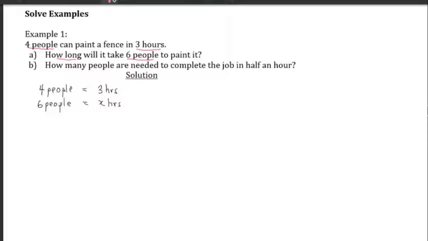But in reality, it's supposed to be less than 3 hours because we have increased the number of people who are working. So in writing the fraction, I'm going to maintain one of the ratios, and then the other ratio I will do a reciprocal. Okay, I'll exchange that. So I have to indicate here that this is an indirect proportion.